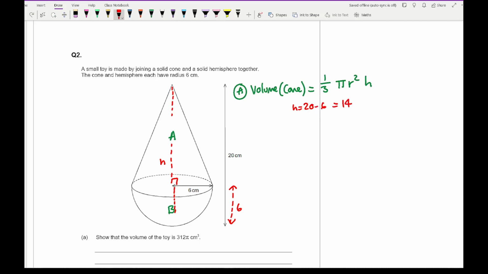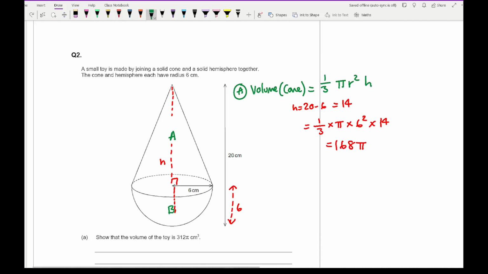So I've got all the right information I need to work out the volume of the cone. So it's going to be 1/3 times pi times 6 squared times 14. And if I type that all into my calculator, I get an answer of 168 pi.